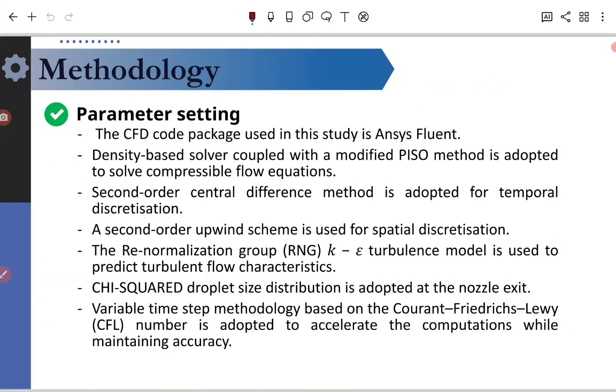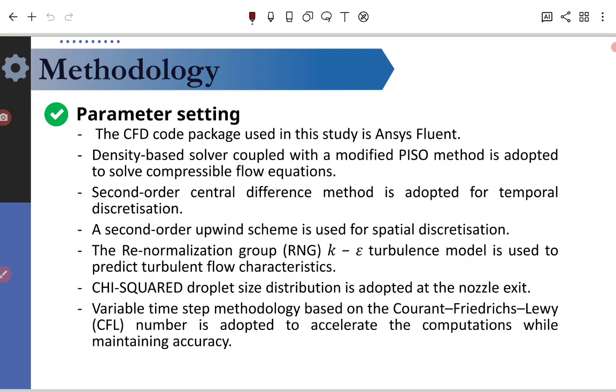For the parameter settings of this simulation, we use ANSYS Fluent for the study, with a density-based solver coupled with a modified PISO, which is pressure implicit with splitting of operators, to solve the compressible flow equations.